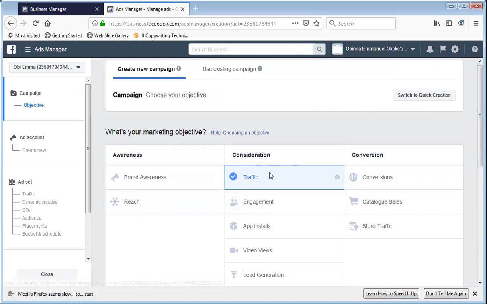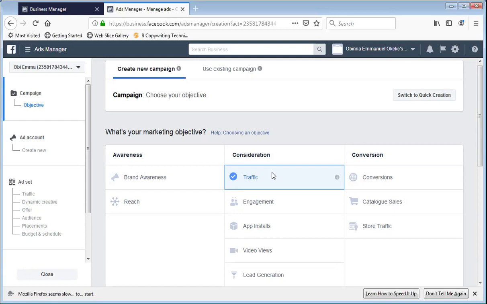For the traffic objective, this is the cheapest Facebook ad to run. Facebook charges cheapest when you are running a traffic objective. If you are running a traffic objective, it is just to get as many people to see your advert as possible. You want to draw traffic.